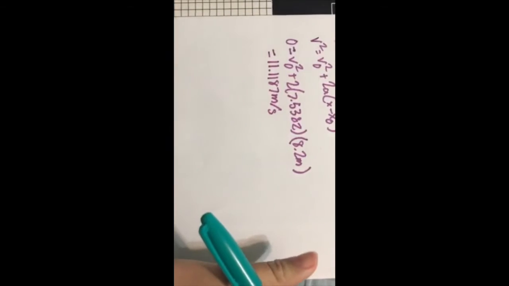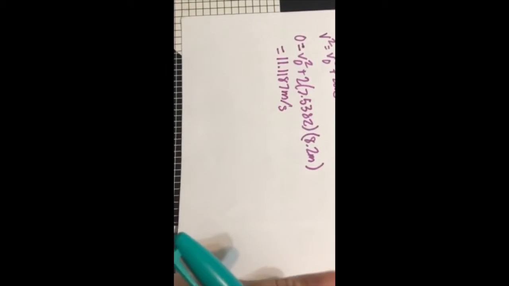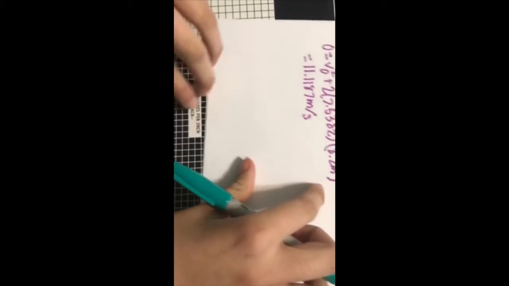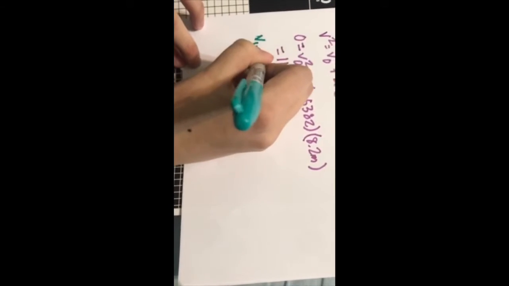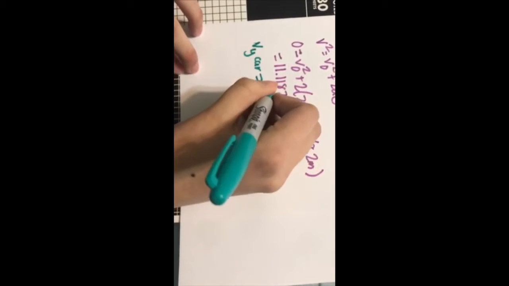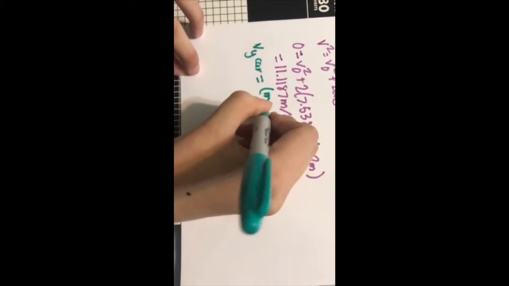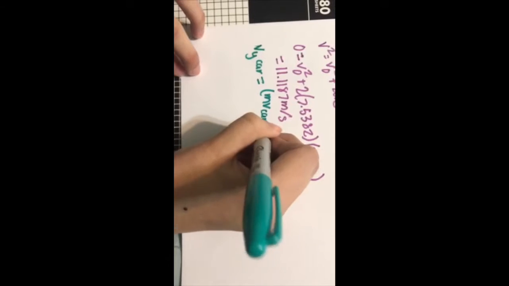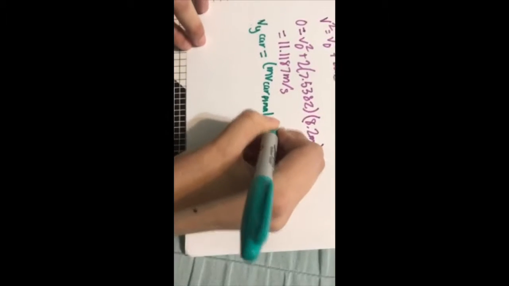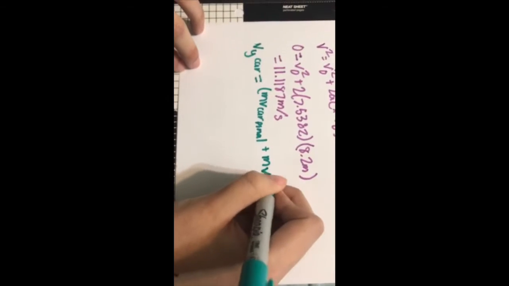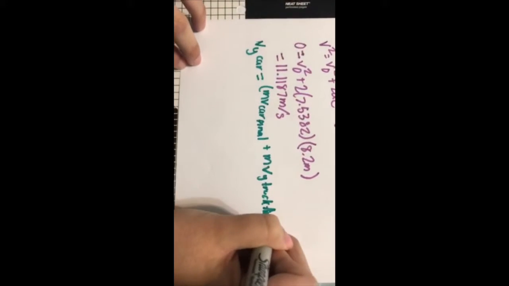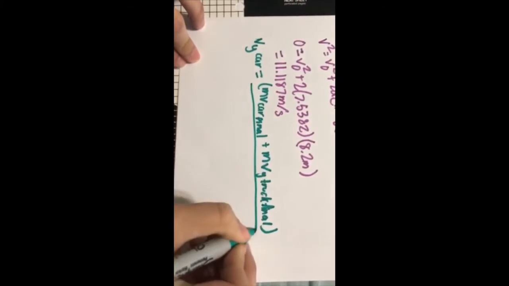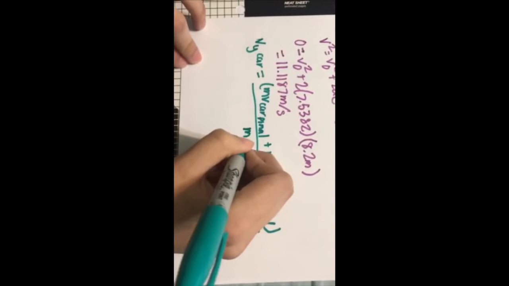Lastly, by using the conservation of momentum, we can find the speed before the collision. So the speed before the collision of the car is equal to the mass times the velocity of the car, final, plus the mass times velocity of the truck, final, over the mass of the car.